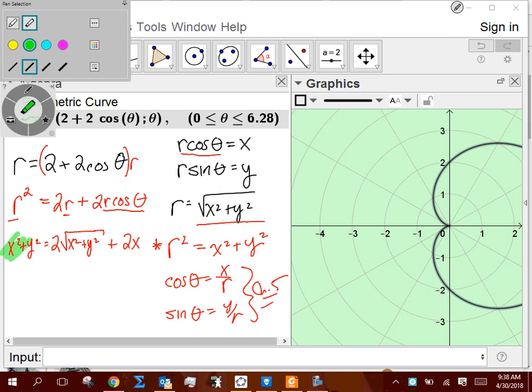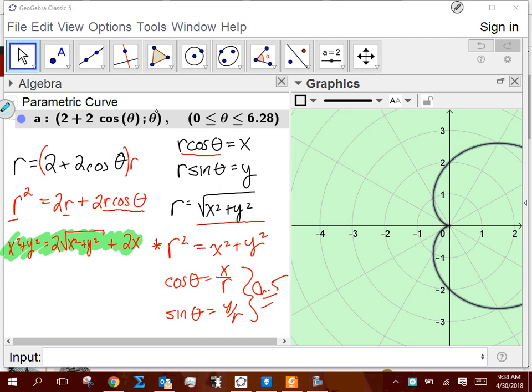Would you guys agree that that green equation is pretty ugly looking? This blue equation, much nicer, right? And that's kind of the trade-off. Learn your polar stuff so that you can deal with a lot less complex looking graphs, or equations, I guess.